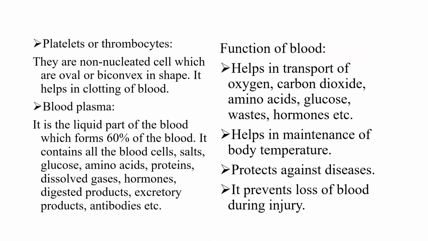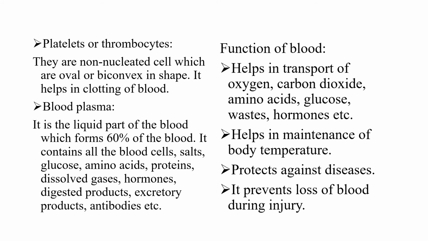Platelets or thrombocytes. It is a non-nucleated cell, oval or biconvex in shape, helps in clotting of blood. Whenever any wound is forming, the blood is exposed to air, then clotting of blood takes place. If there is no clotting, continuous oozing of blood, that is called hemophilia disease, found in the Royal Elizabeth family.